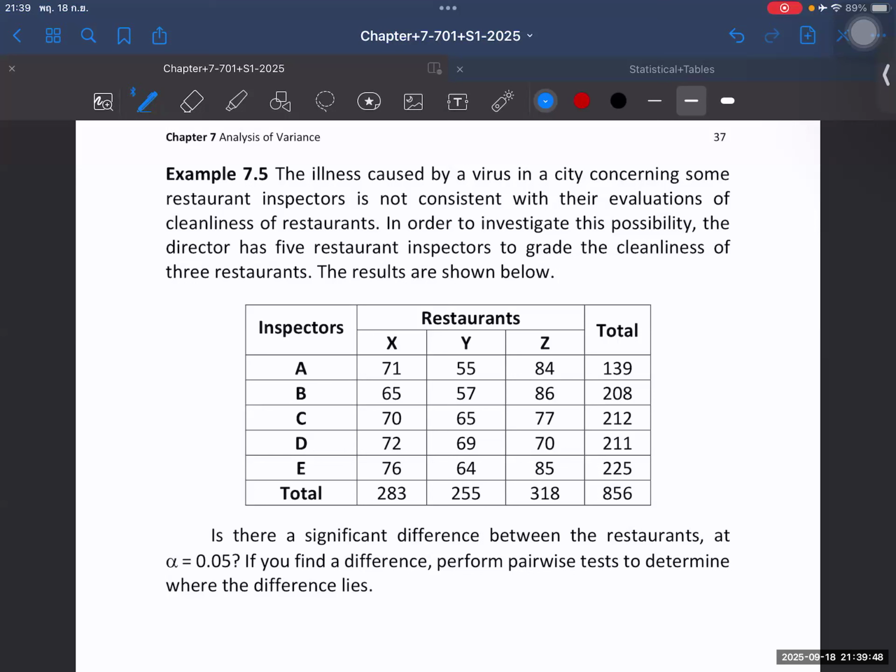So maybe we will check the sum of the row and the sum of the column first. Maybe I think something is wrong.